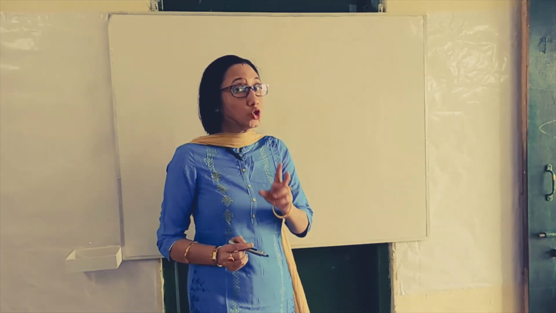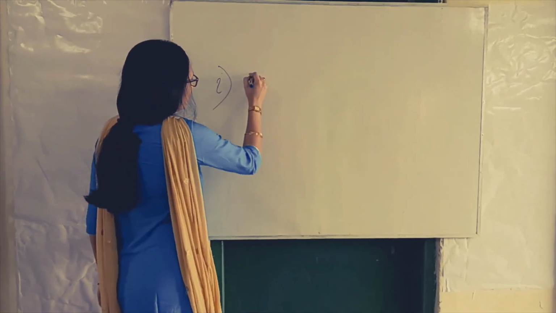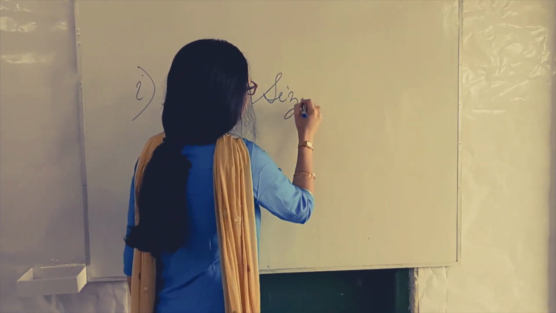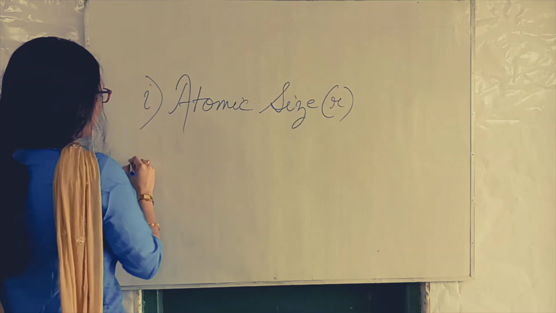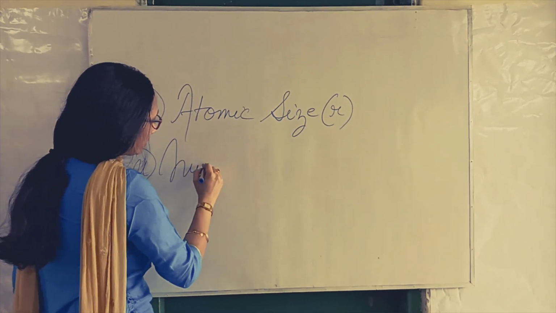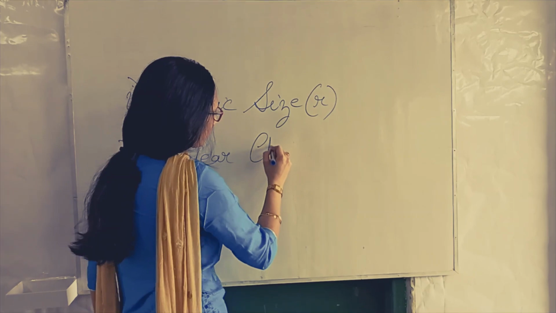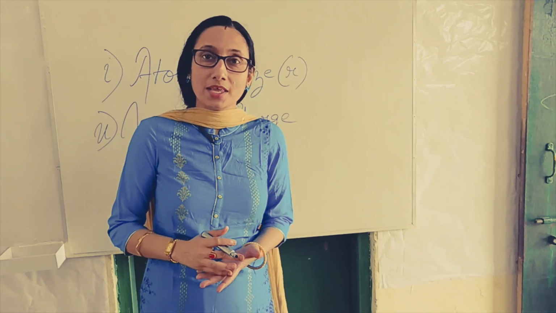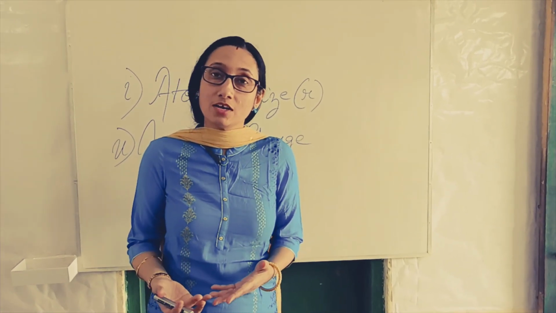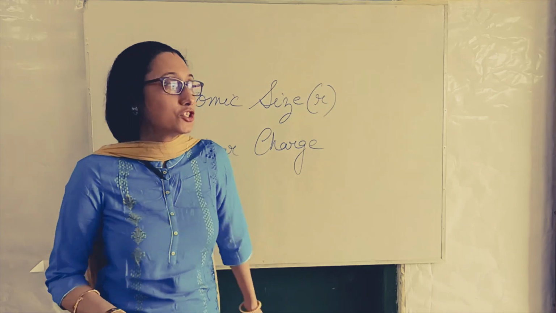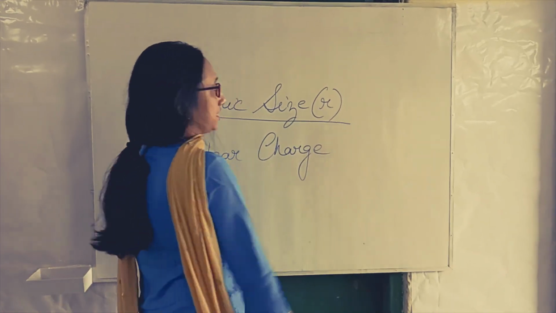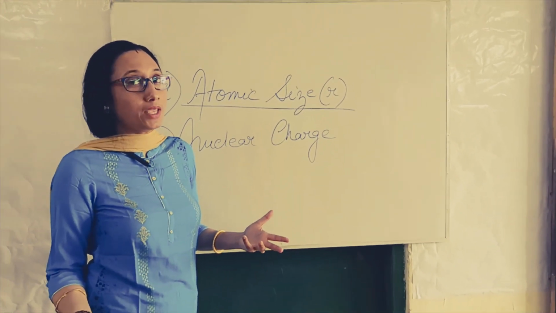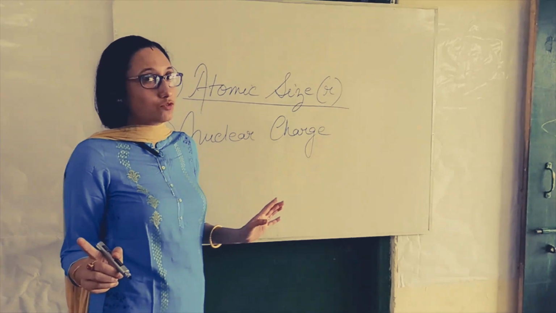Electronegativity depends on two factors. The first one is atomic size and the second one is nuclear charge. See, this electronegativity deals with attraction. So, greater the attraction, greater will be electronegativity. Now, when atomic radius increases, then attraction will be less, hence electronegativity will be less.